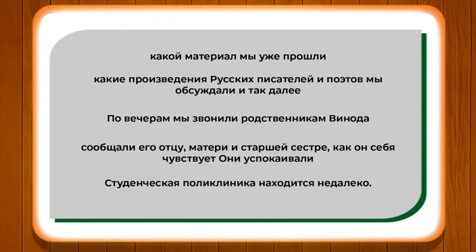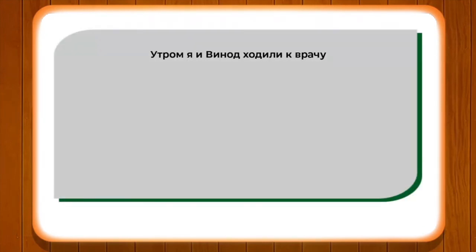Студенческая поликлиника находится недалеко. So from student, the adjective has been changed as per the requirement of the noun поликлиника, which is a feminine gender word, that is why студенческая поликлиника. Находится недалеко is situated not far. Утром я и Vinod ходили к врачу. So again, here we have used the word ходить, which means to go in multiple directions.